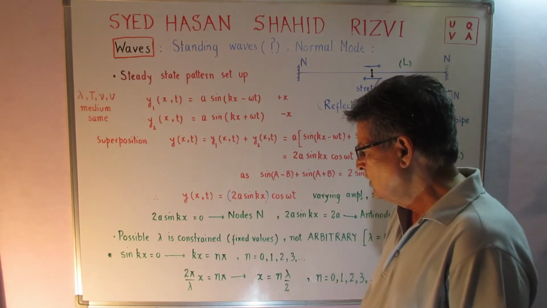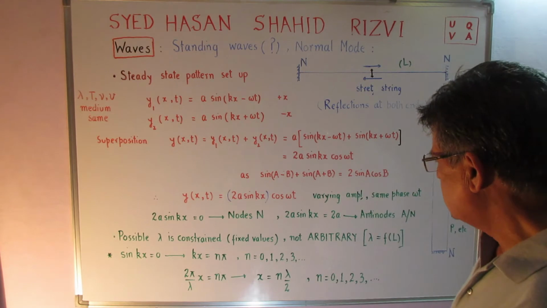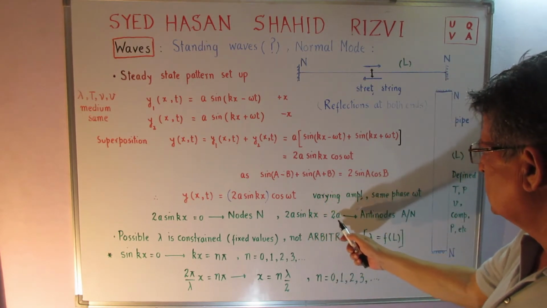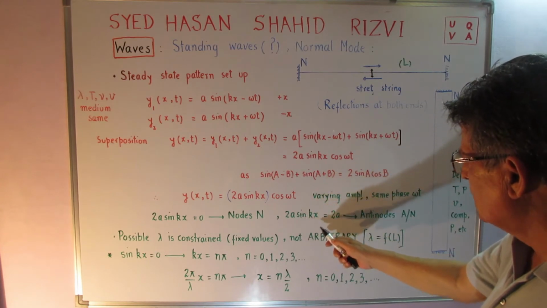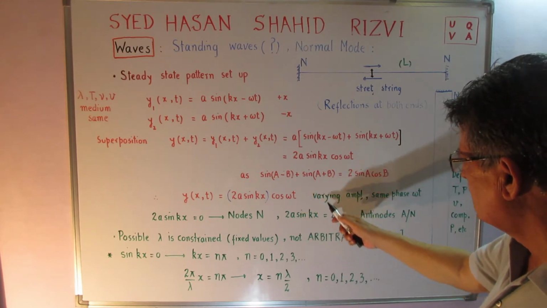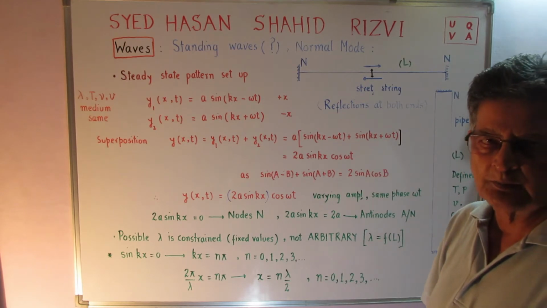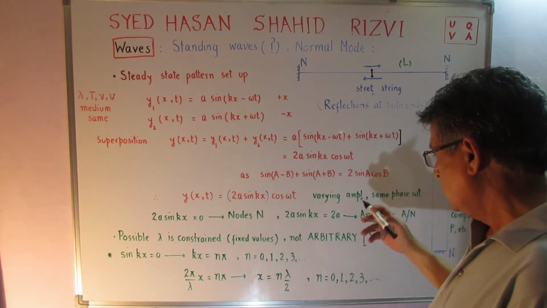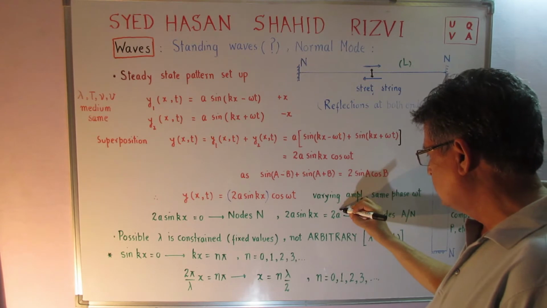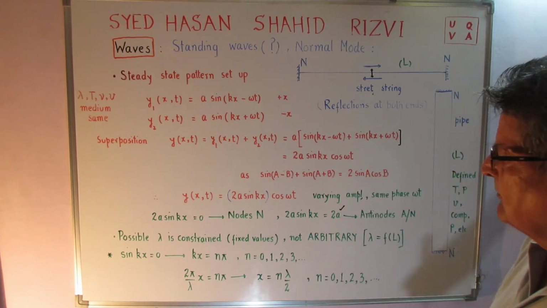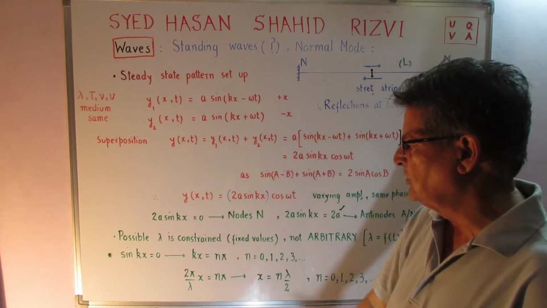Then we get nodes. And if we get 2a sine of kx is equal to 2a, that is, sine of kx is equal to 1, then we get what are called the antinodes, where the value of the amplitude is maximum, and here the value of the amplitude is minimum, which is equal to 0.